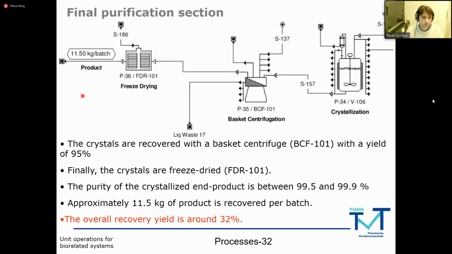So our overall recovery yield is approximately 32%. So 1/3 of the insulin of all the pro-insulin molecules which E. coli have generated and stored in the inclusion bodies are recovered at the end at this point.